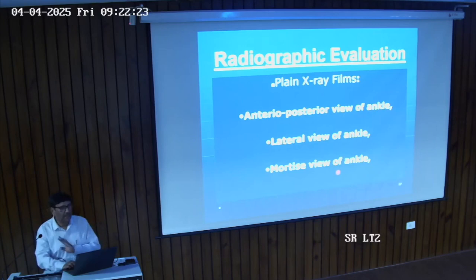Now these ligament structures are very important. In our radiological assessment we cannot see these ligaments, but we will try to assess which ligament is injured, and on this injury pattern will depend the management.